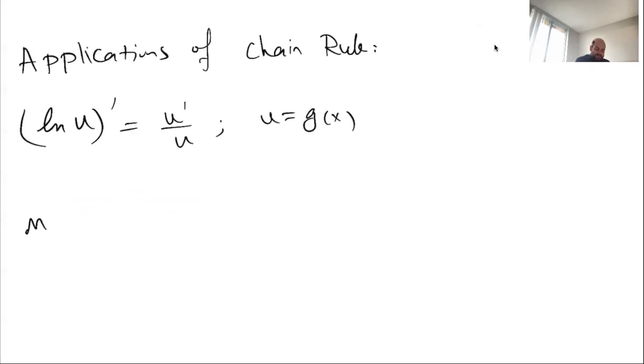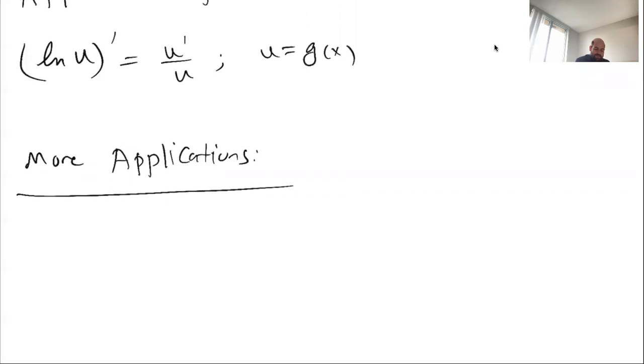Now more applications. Let's say y is equal to e to the u. Then what is dy/dx?